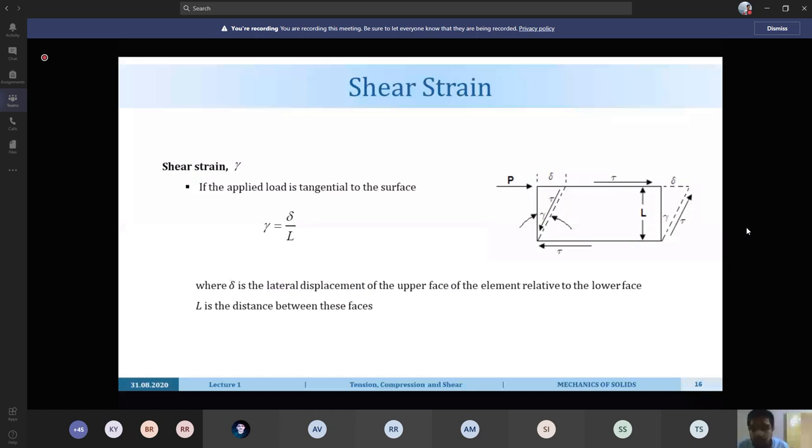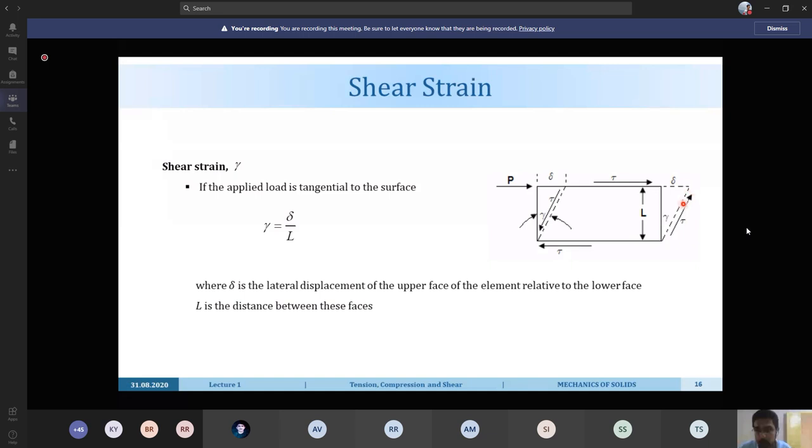Suppose we have a bar, and we apply a load tangential to the surface, and it undergoes a deformation.